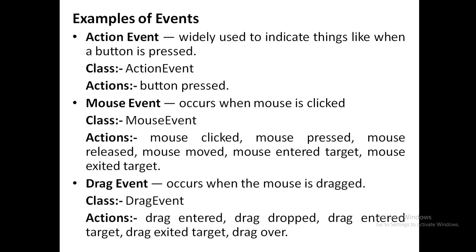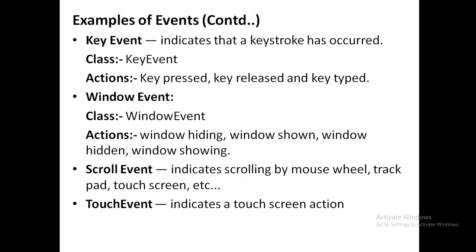Drag event. This occurs when the mouse is dragged and the class is DragEvent and the corresponding actions include drag entered, drag dropped, drag entered target, drag dropped target, drag over. Key event. This indicates that a keystroke has occurred and the class is KeyEvent and actions are key pressed, key released and key typed.